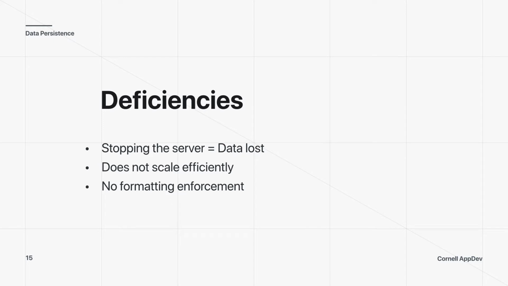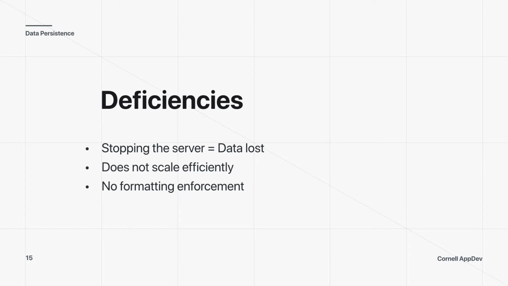And the problem with this is that once we stop the server, all of our data is lost. All of that hard work of incrementing all of our IDs and adding data correctly into our Python dictionaries, all of that's lost when the server crashes. And in fact, servers can crash anytime. It's actually inevitable, and this is really bad if all of our data is lost.